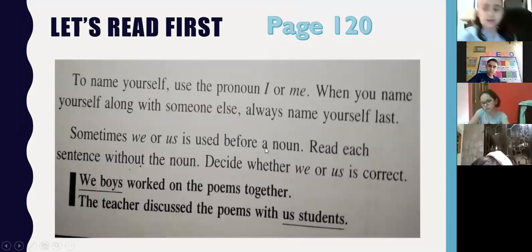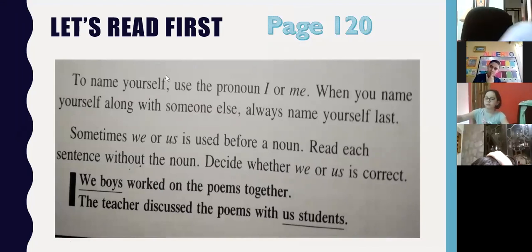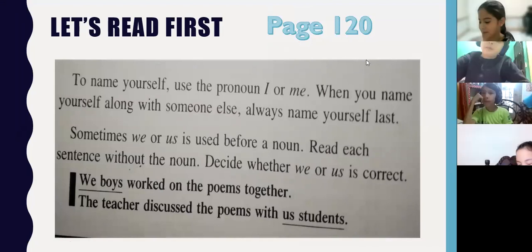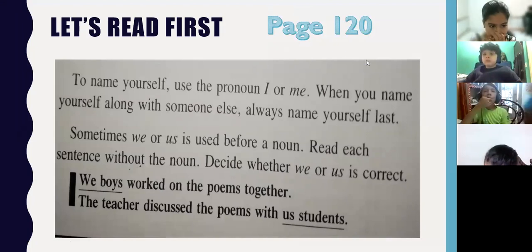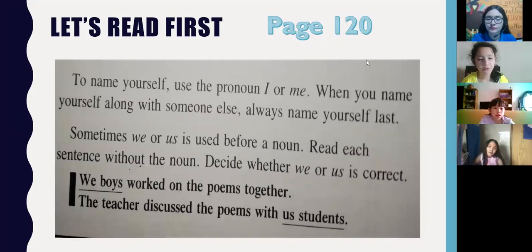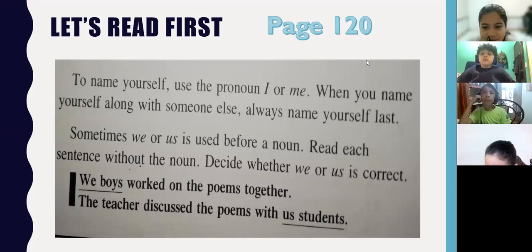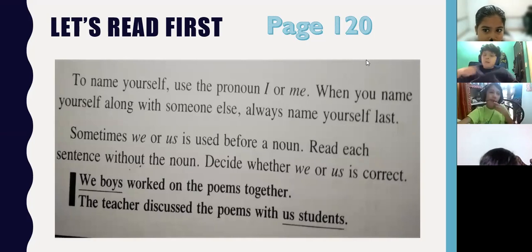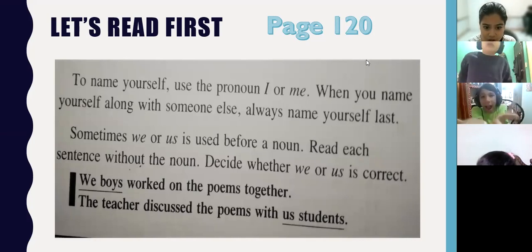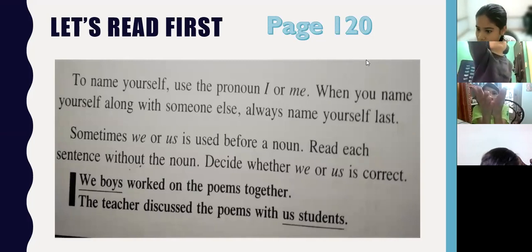Okay, let's see. Mia Valentina, you're going to help me to read this. What, Miss? To Read name? this? Yes, read everything. Okay, Miss. To name, user use the pronouns I or me. When you name user alone with something else, always names last. Sometimes we are use is used before a noun.